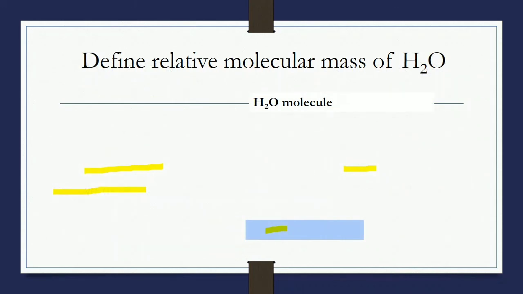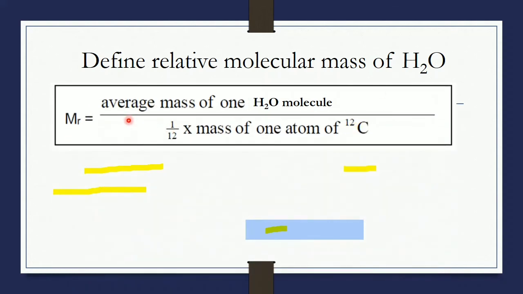Okay, so if the question is looking for the relative molecular mass of one H2O molecule, it can be defined as the average mass of one H2O molecule as compared to 1/12 times the mass of one atom of carbon-12. In other words, we are trying to find the ratio of how heavy one H2O molecule is as compared to one carbon-12.